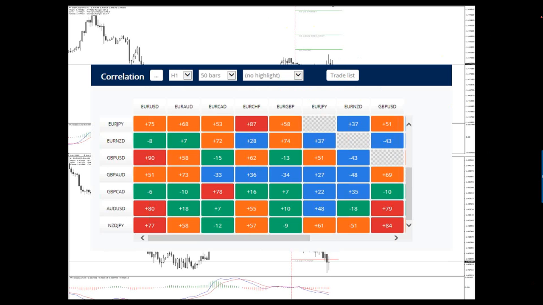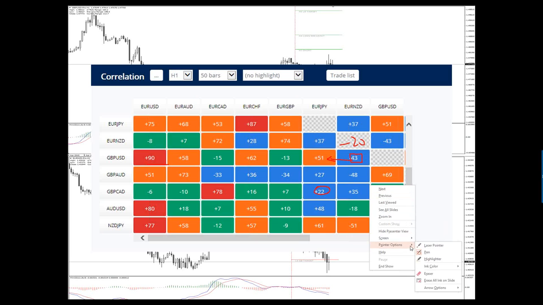GBP has, as it shows, moderate but negative correlation. It's blue, but it's minus 40, guys. It's very close to minus 50. It's not minus 20. This is not so strong a correlation. But look, it's very close. It's on the margin from moderate to strong correlation, because above 50 it's a strong correlation.